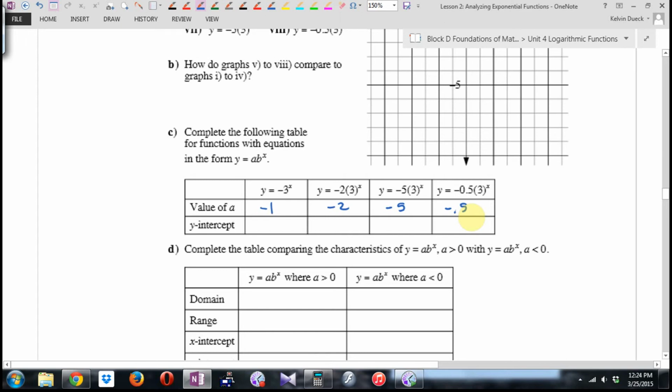What will the y-intercept be of that first graph? Spot the pattern. 0, -1. What will the y-intercept be of this graph? 0, -2. What will the y-intercept be of the next graph? 0, -5 and 0, -0.5. And the only way that you can have a negative y-intercept is if you flip the whole thing down.